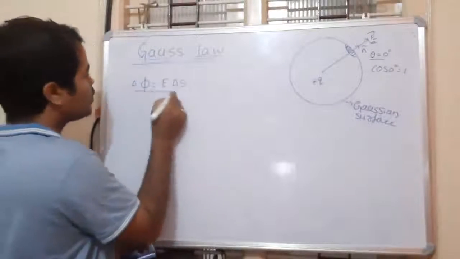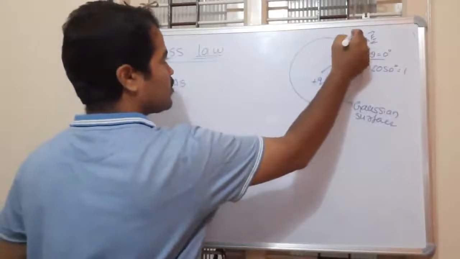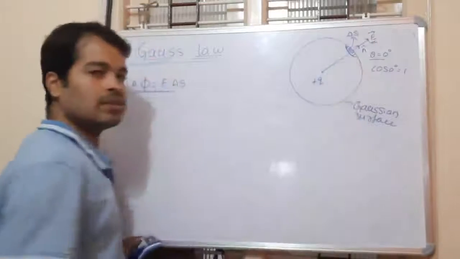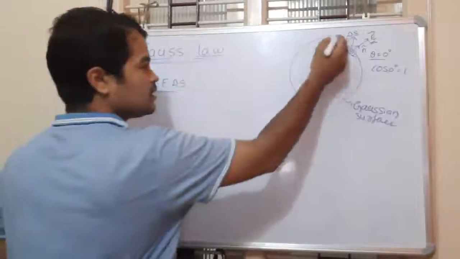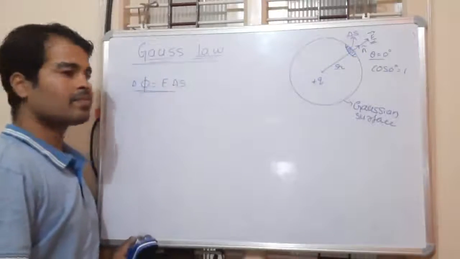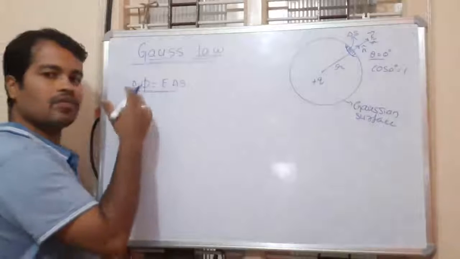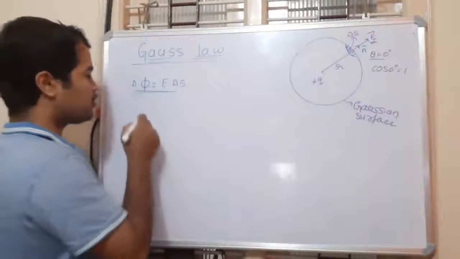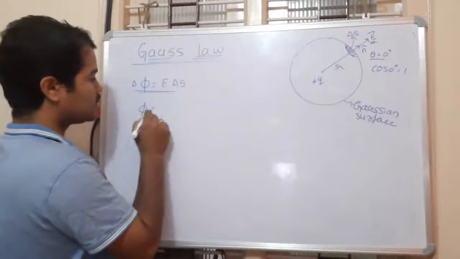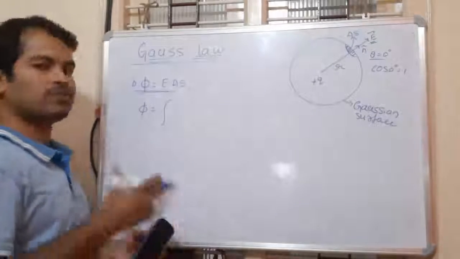This is because of the small elementary area we consider, delta S. Now, how many such areas are there? This many areas are there. Let me take the radius as R. Now the total electric flux passing through this surface is equal to the integration, or some people use summation.